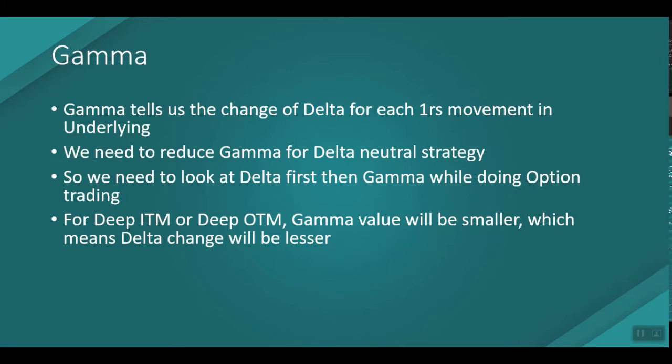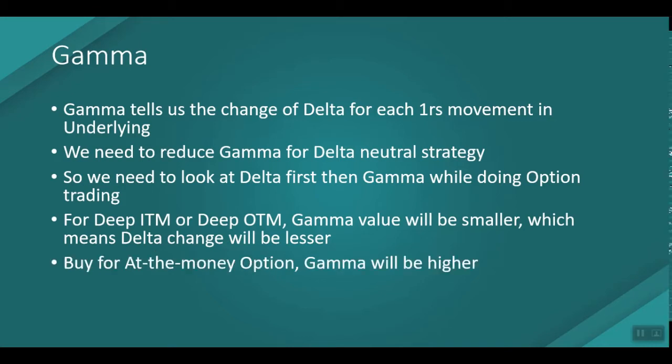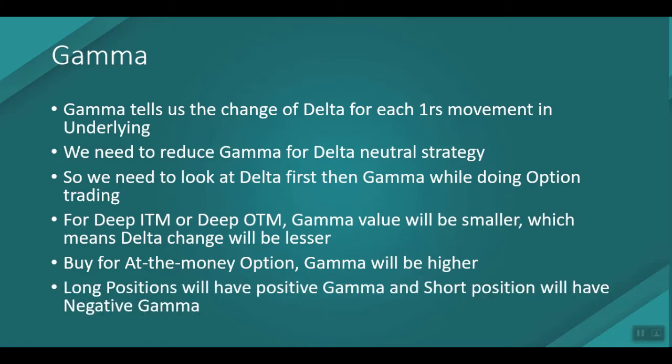That is because of the delta and gamma values. Because of the lesser gamma, the delta never changes, so we don't have much movement in the option prices. But for at the money options, the gamma will always be higher, so that is the reason at the money options move much faster based on the underlying stock price movements.